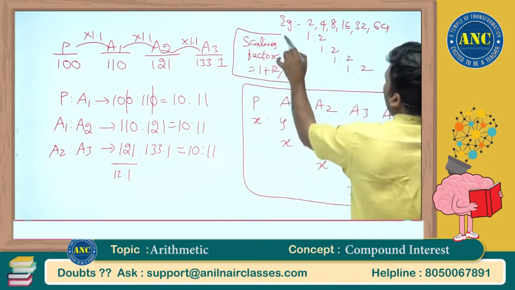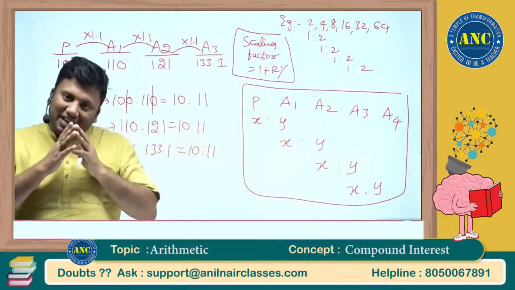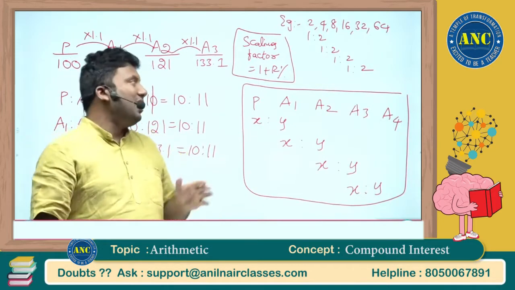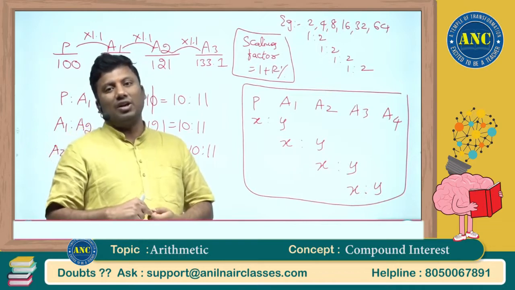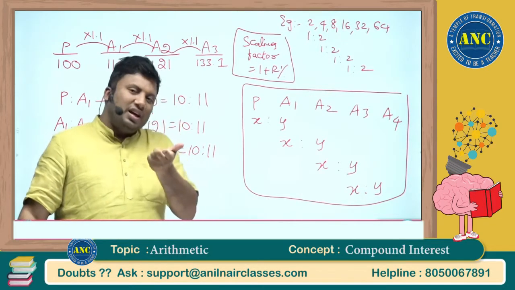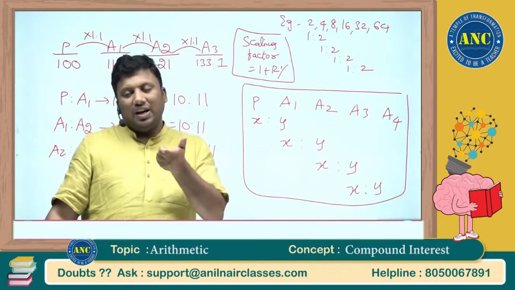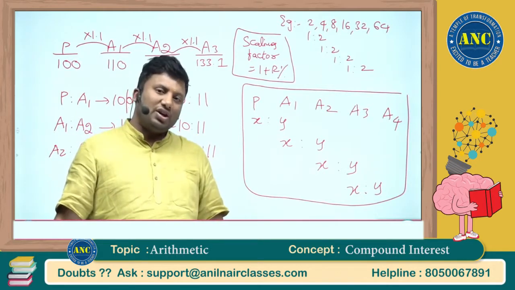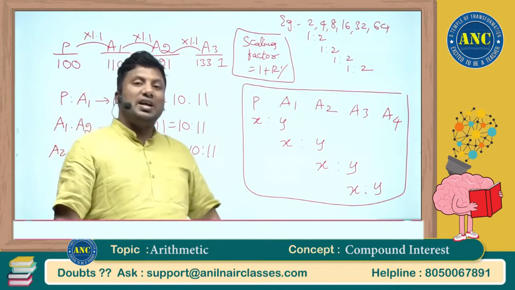So what is the common ratio if the series is in geometric progression? The common ratio is given by the scaling factor. Please write down in your notebook: if amounts at the end of the year are in geometric progression, then the common ratio is given by the scaling factor.